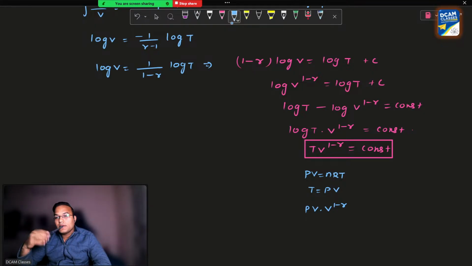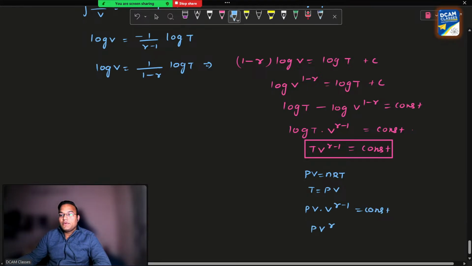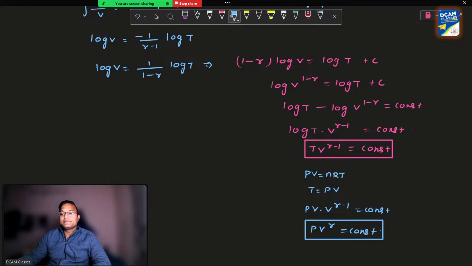Sorry, it's gamma minus 1. It will become PV power gamma is equal to constant. This is the relation that students usually remember. PV power gamma is equal to constant.